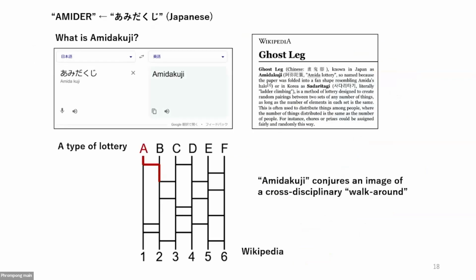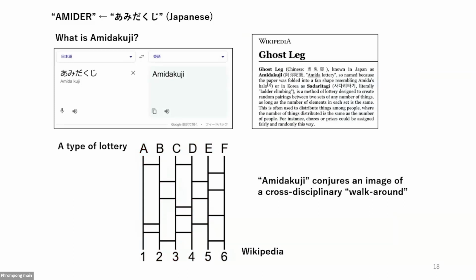And as a rest, maybe you don't know what Amida is. Amida came from the Japanese name Amidakuji. And what is Amidakuji? Google Translate says Amidakuji is Amidakuji. So I found an explanation in Wikipedia. It's a type of lottery in Japan.